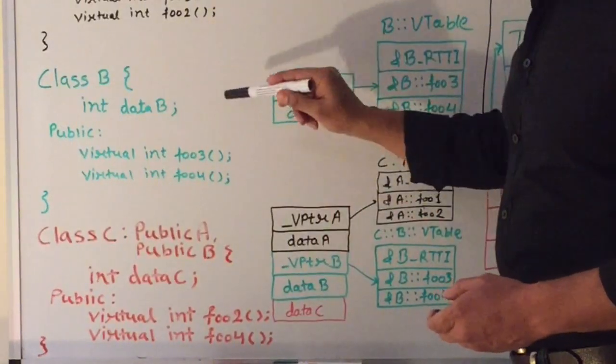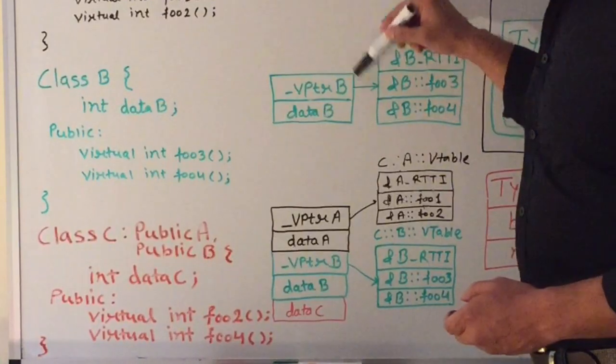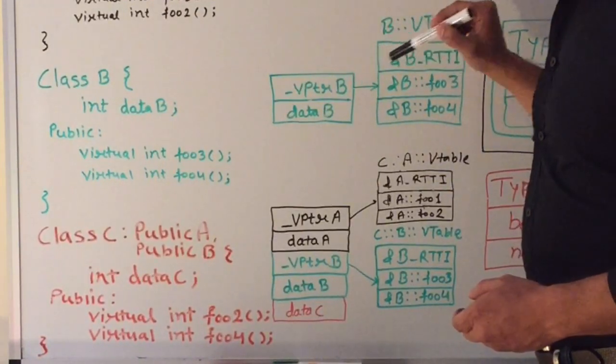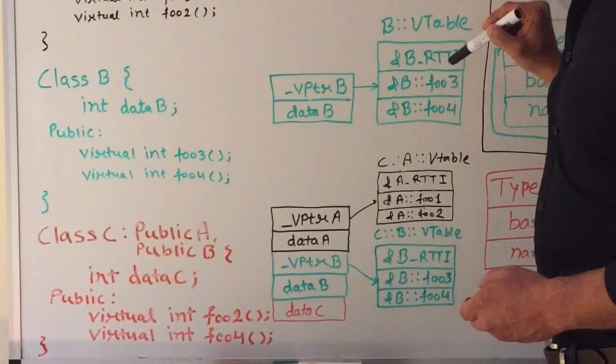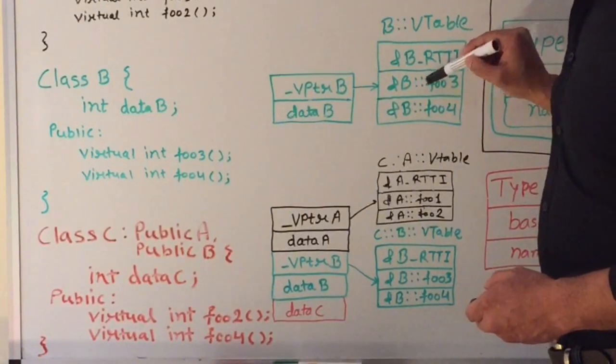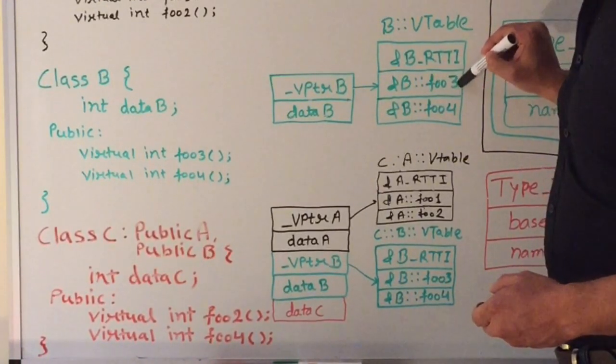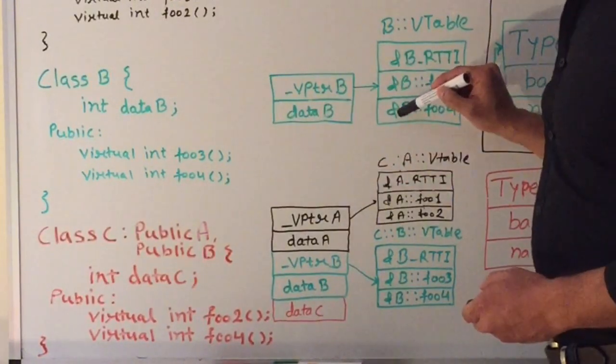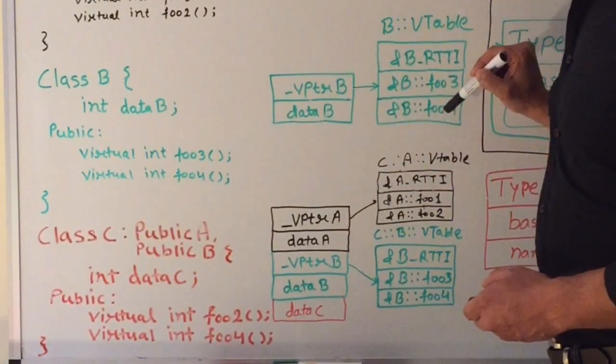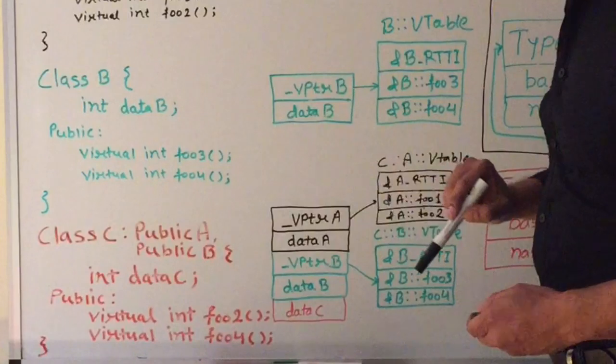Similarly, when we create an object of class B, its object's first 4 bytes will point to B class's virtual table. The second entry is foo3 and third entry is an address of function foo4.